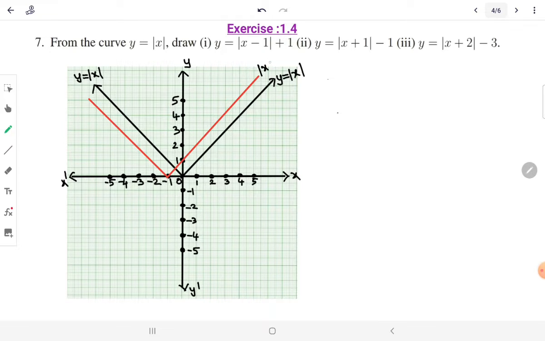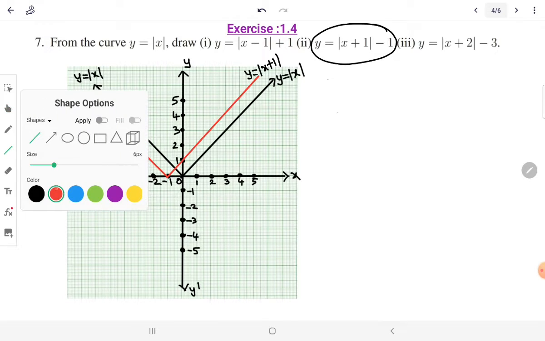So this is your modulus of x plus 1 graph. But from this graph, what is given here? Modulus of x plus 1 minus 1. So minus 1 means it shifts downward, according to the translation. So downward by 1 unit.